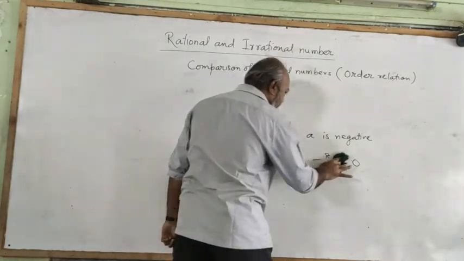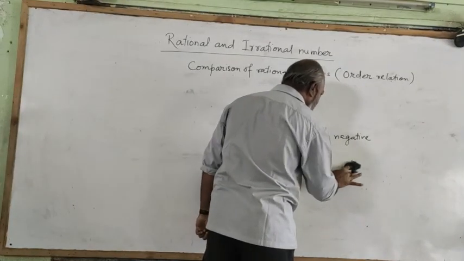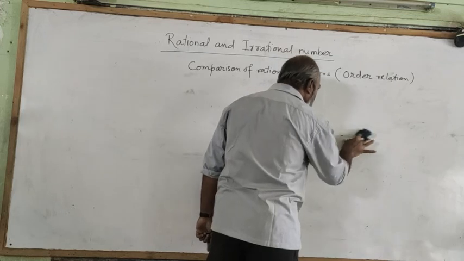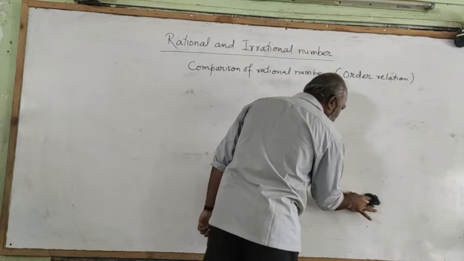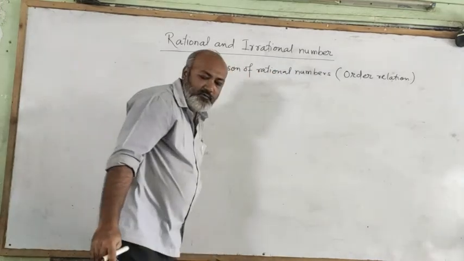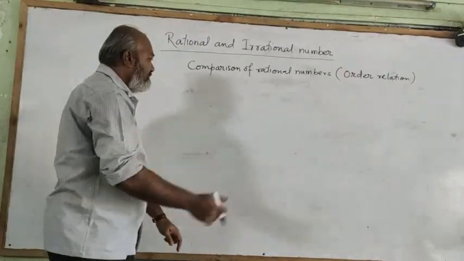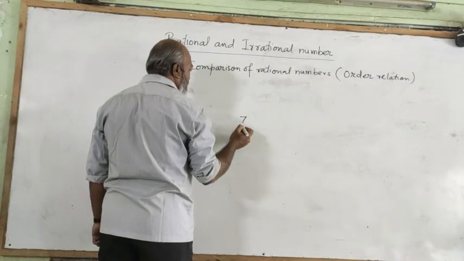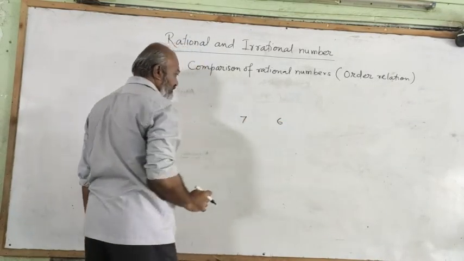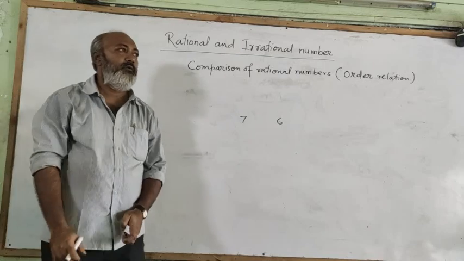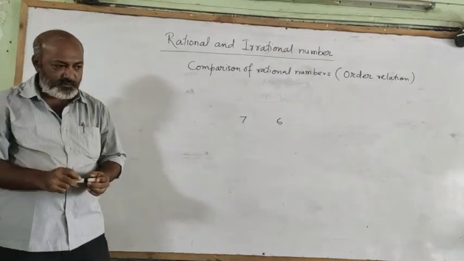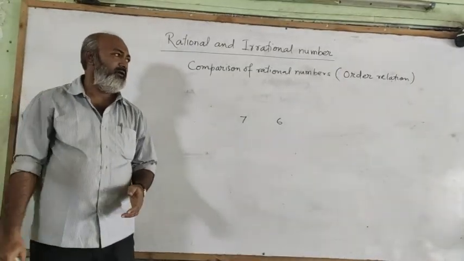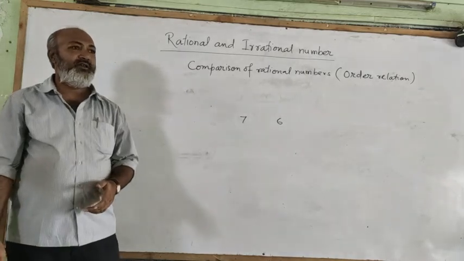For any two numbers, look at this, 7 and 6. While making comparison, obviously you can say 7 is greater than 6.